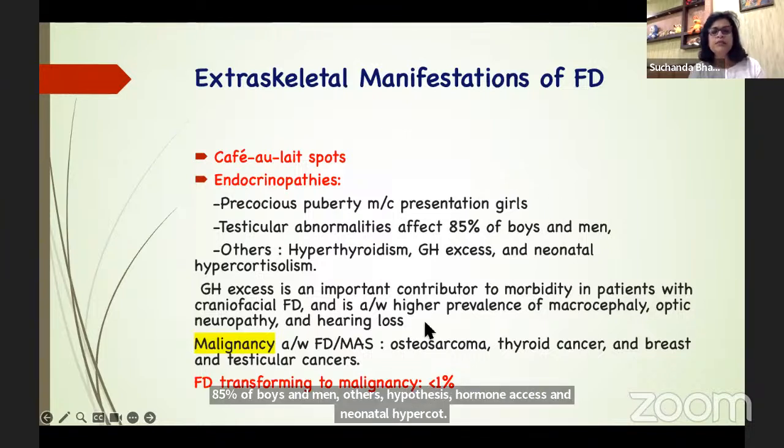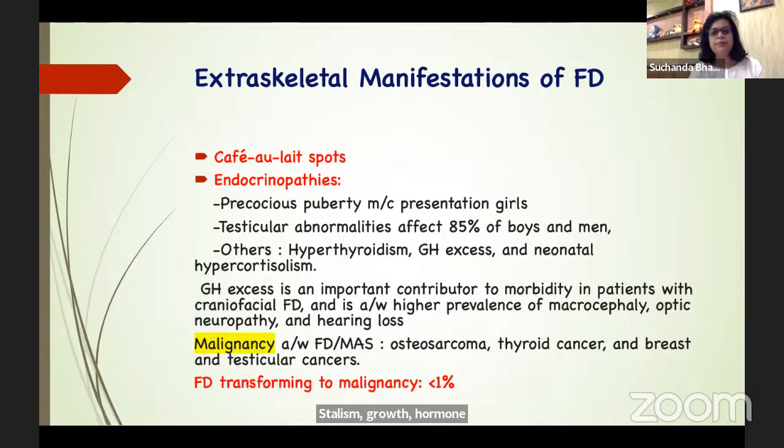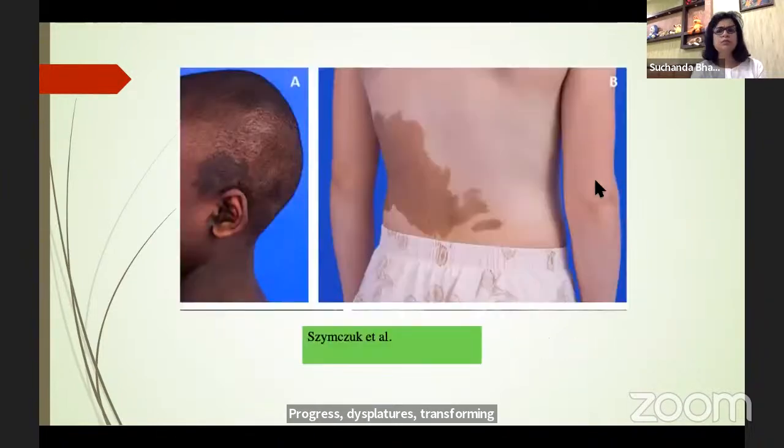Growth hormone excess is an important contributor to morbidity in patients with craniofacial fibrous dysplasia and is associated with optic neuropathy and hearing loss. Malignancy may be associated secondarily with fibrous dysplasia and McCune-Albright syndrome, usually osteosarcoma, but fibrous dysplasia transforming into malignancy is extremely rare, less than 1%.